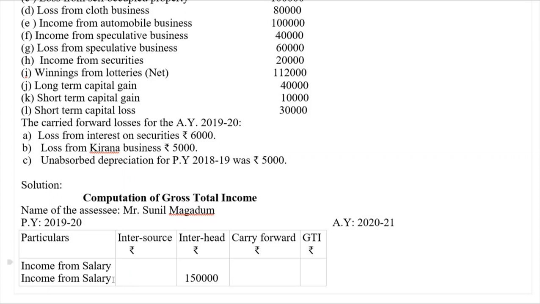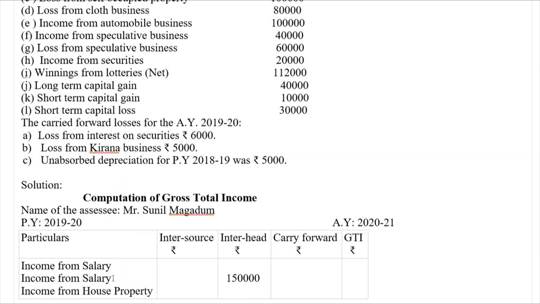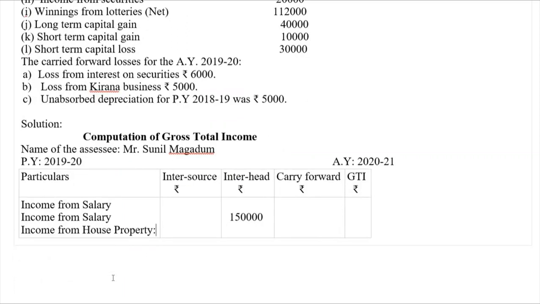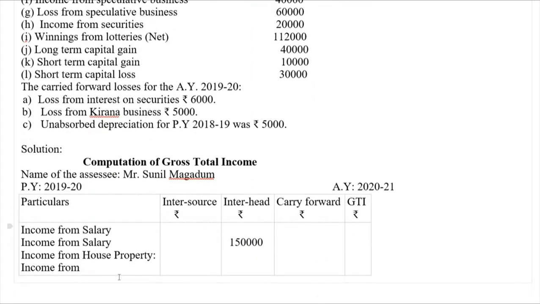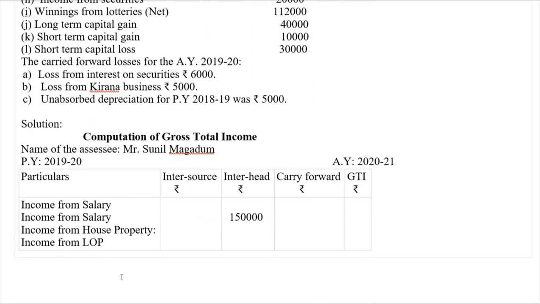Then the next head here is income from house property. So here we have income from let out property, I'll write in short LOP. So this is interhead adjustment rupees 20,000.